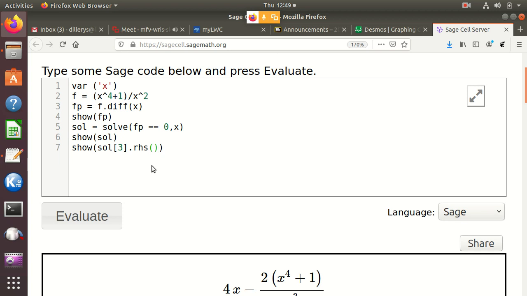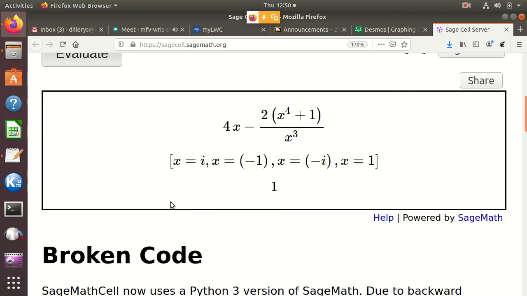It's not real deep. You're just telling it, I want the right-hand side. But that should return simply a 1. And it does. So if you can work within Desmos to do things, it's just way simpler. But Sage isn't too bad.